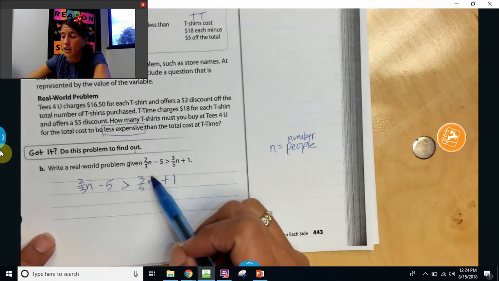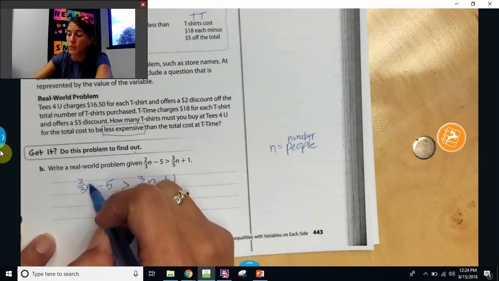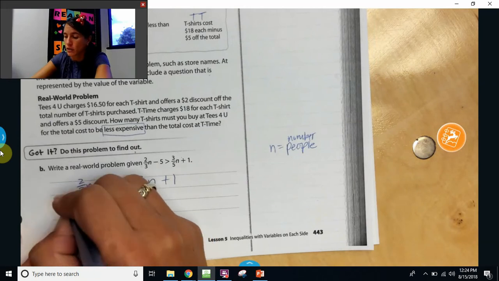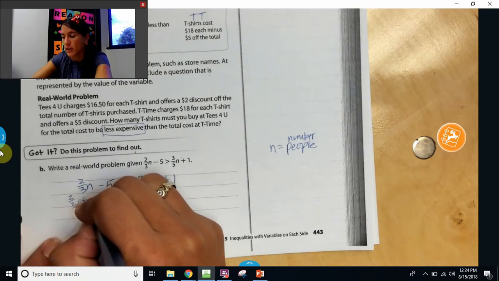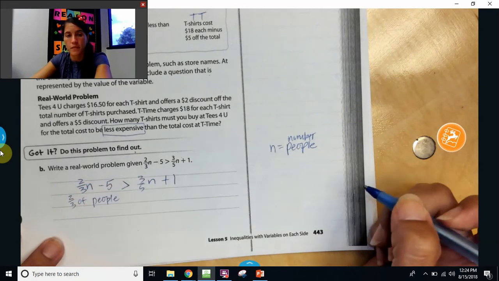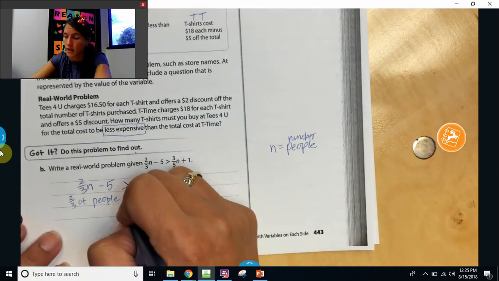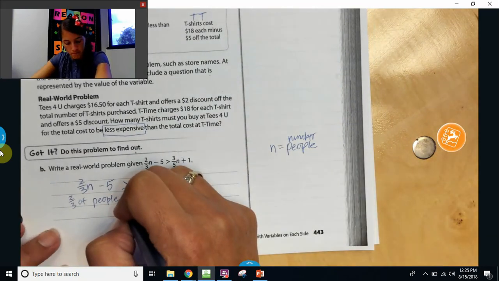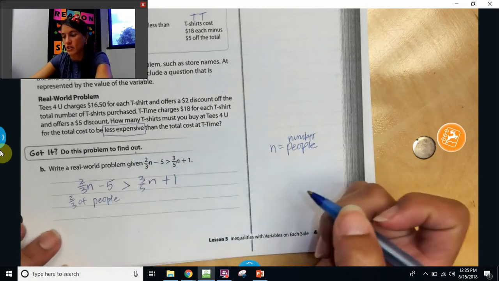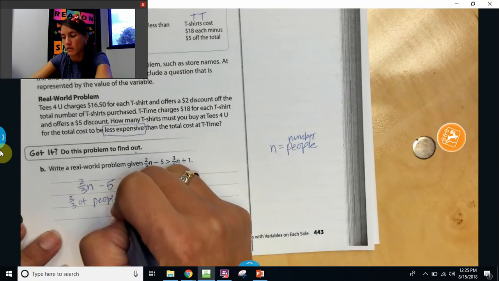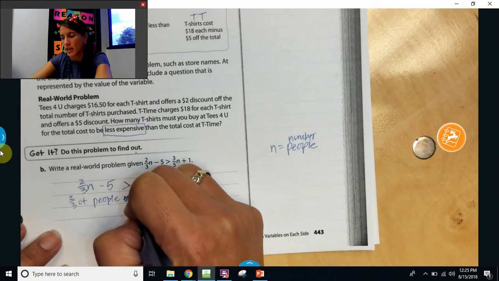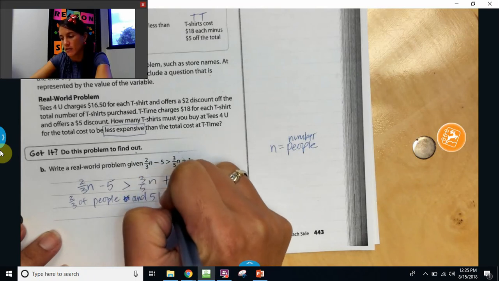We have our Logos Prep Lions, so 2/3 of the people are attending a football game and 5 leave.